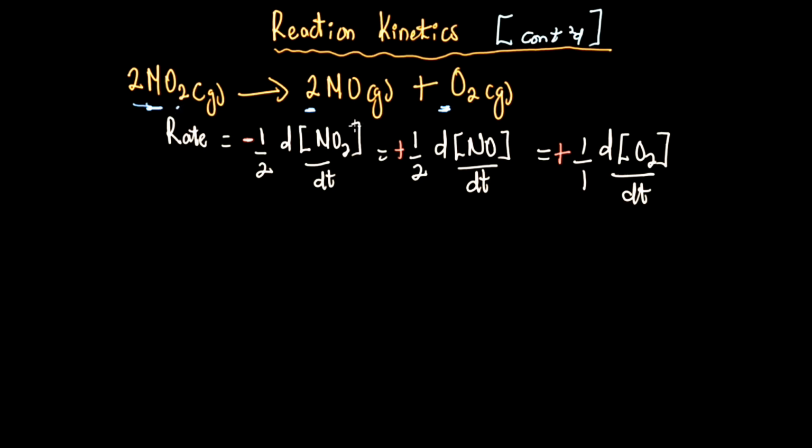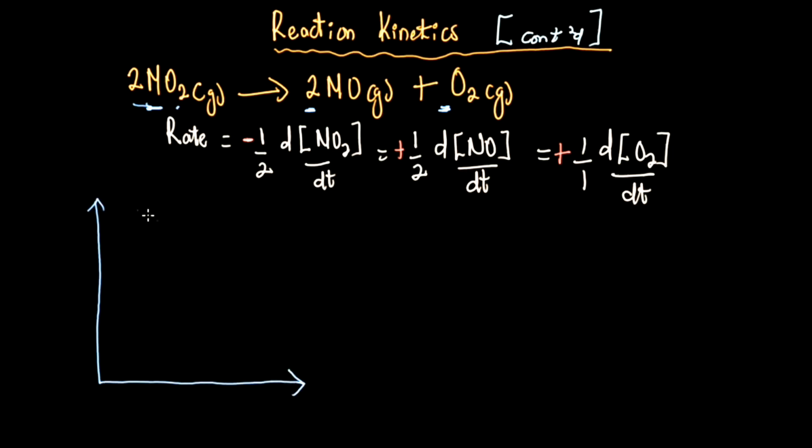So for example, in the balanced equation above, we have nitrogen dioxide decomposed into nitric oxide and oxygen gas. Recall from the previous video, the graph for the decomposition of nitrogen dioxide was given as this.